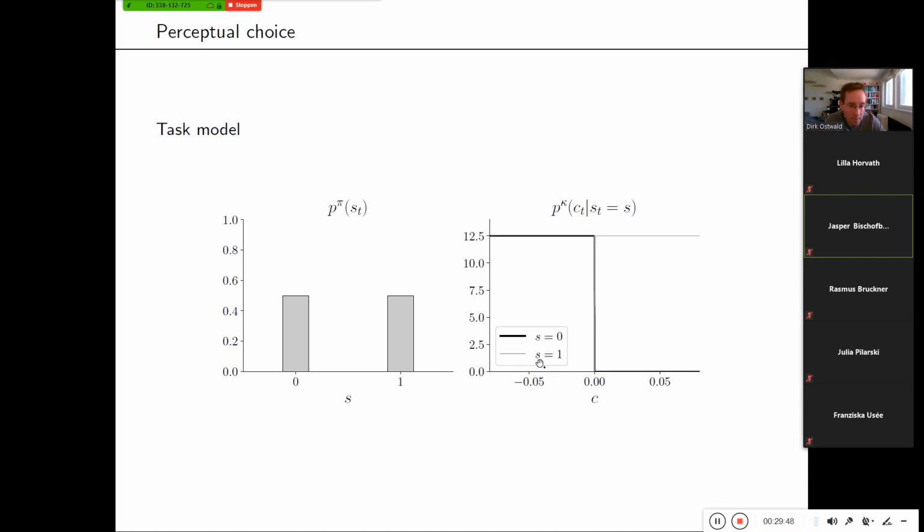And then it's the other way around for state 1. So here you have the uniform distribution with non-zero probability over the contrast differences that are positive, and it's 0 where the contrast differences are negative. So you have these two step functions, one going in this way, and the other one going this way.